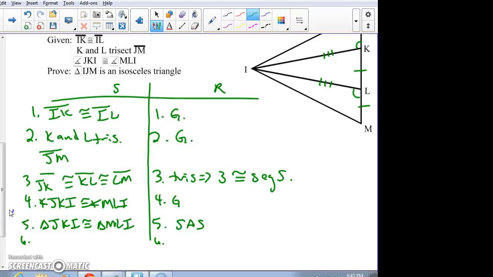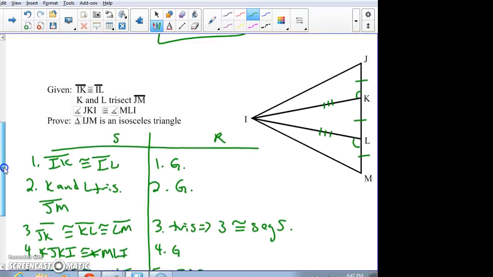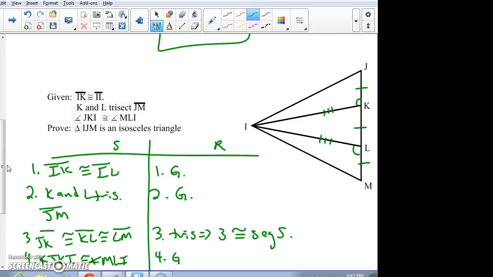Now that I've got congruent triangles, let me see what it was I was going for this whole time. I'm trying to prove that the big triangle, triangle IJM, has to be an isosceles triangle. And all I have is that the top triangle and the bottom triangle are congruent. So try and think of what CPCTC, oh, there's that word again, we keep using it a lot.